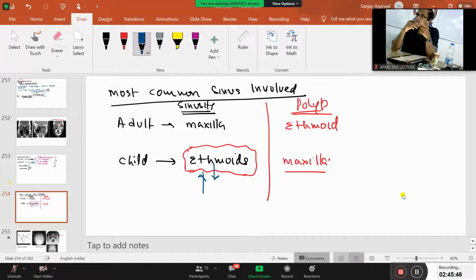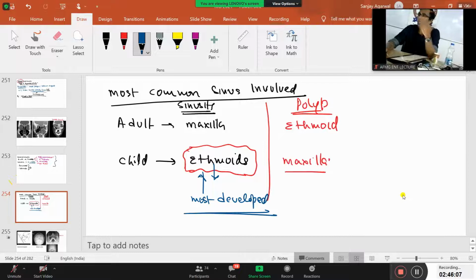So when we are born, until about say 8-10 years of age, the most developed sinus is the ethmoid sinus. This is the most developed sinus in children basically, more developed than the maxilla also, despite the fact that maxilla is the first one to begin development.